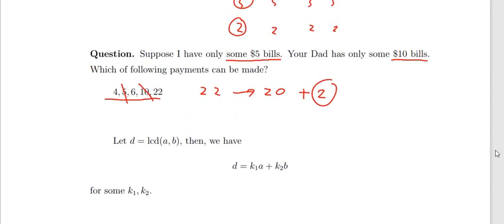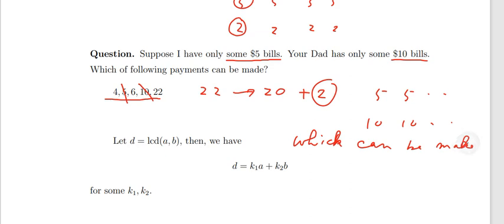Here we have another question: from those 5 and 10, which numbers can be made? This is a really easy problem. 5 can be made, 10 is okay, 15, 20, all those are okay.